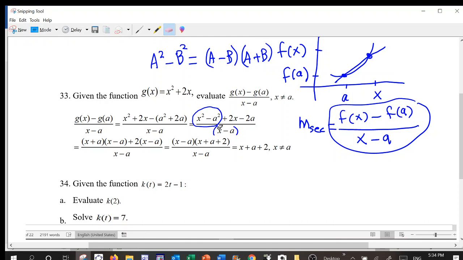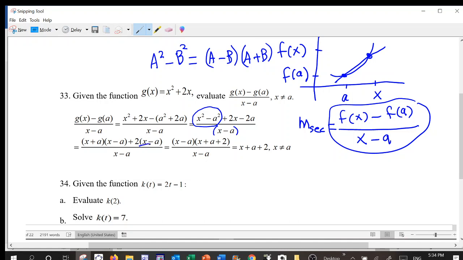And then plus 2. Now you see these two have x minus a in common, so we can factor it out, right? Writing it this way allows us to get x minus a out of it.